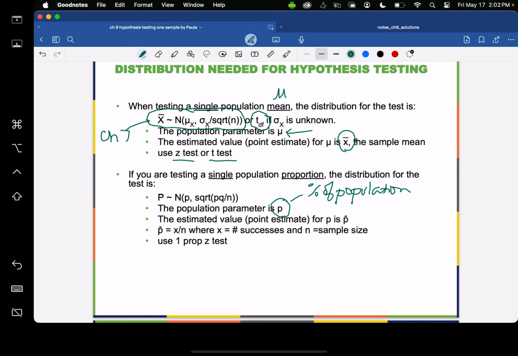The estimated value for p is p hat. So x bar estimates mu, p hat estimates p. P hat is x over n, where x is the number of successes and n is the sample size, and we use one prop z-test. So these are the three things we're going to be using in our calculator for hypothesis testing.